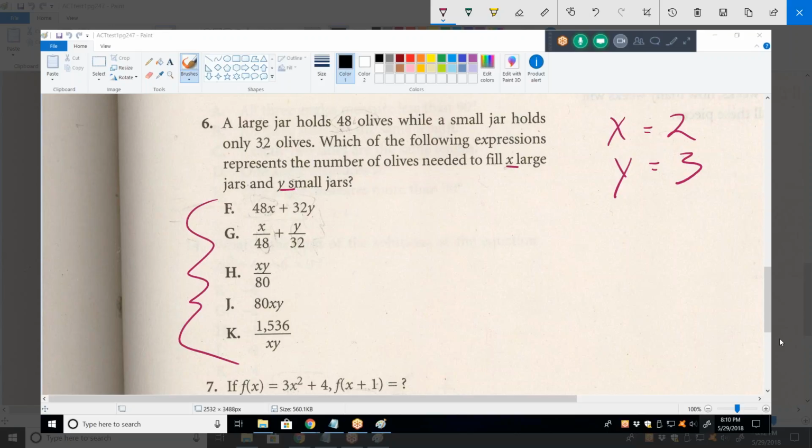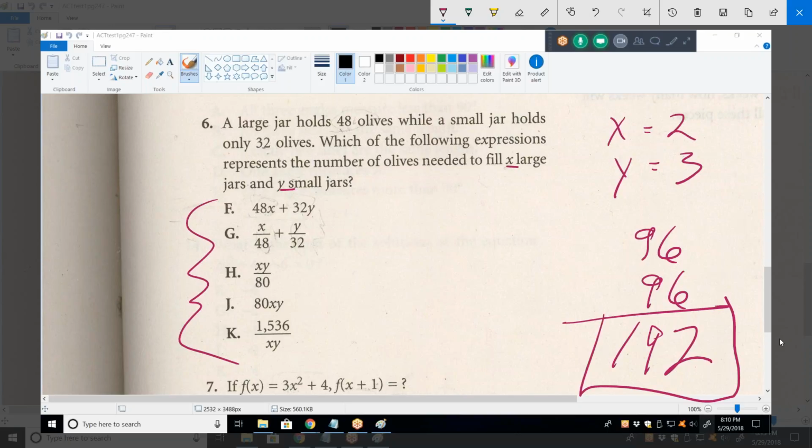So how many olives am I going to need to fill 2 large jars? 96. How many olives am I going to need to fill 3 small jars? 96. So I intuitively know I'm going to need 192 olives, okay? Using X equal 2 and Y equal 3.